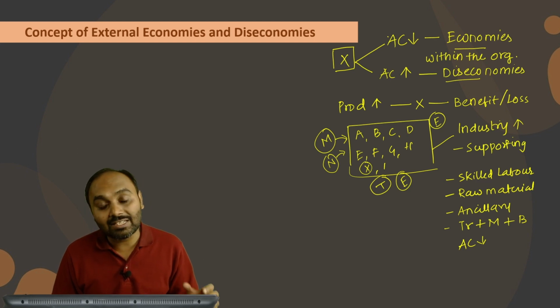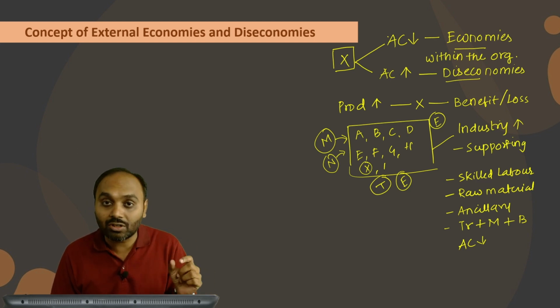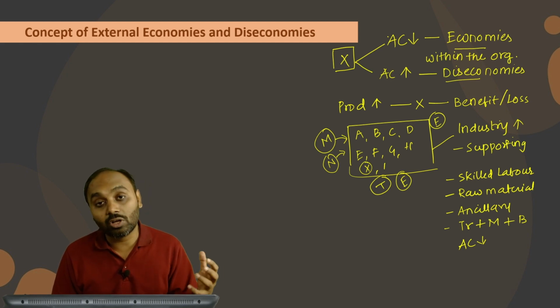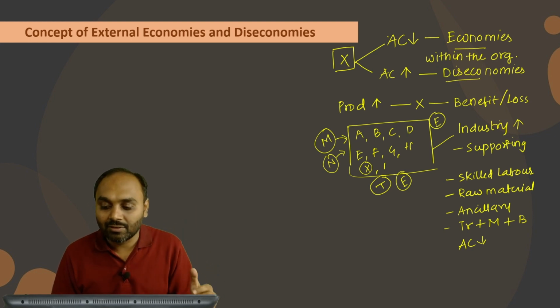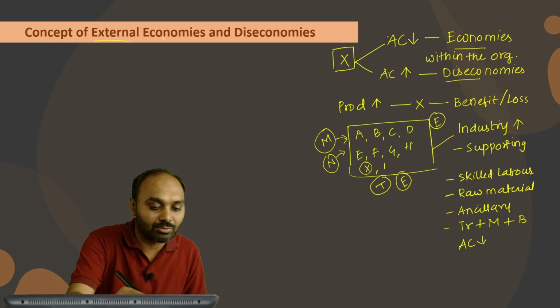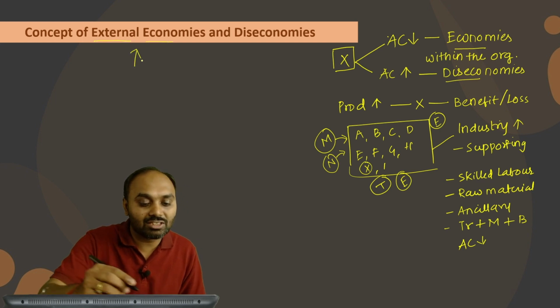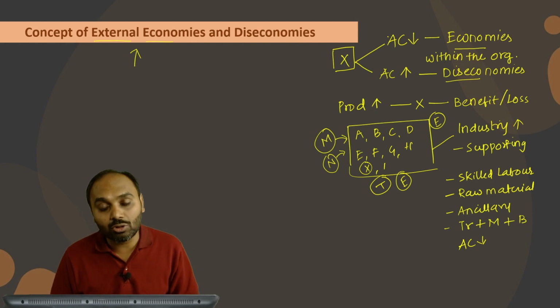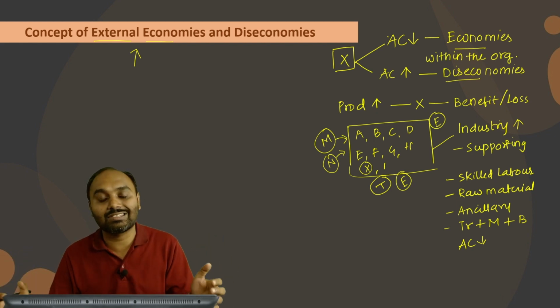This means this is a kind of benefit which is not within the organization, it is because of the overall industry, outside of the organization. Hence this kind of benefit will be termed as external economies. External economies are nothing but a benefit which an organization receives because the whole industrial unit is increasing the output.